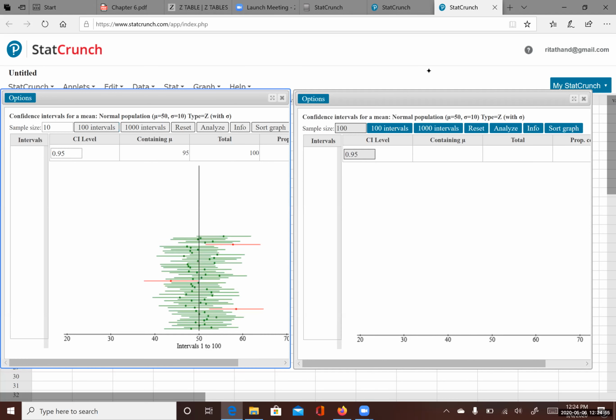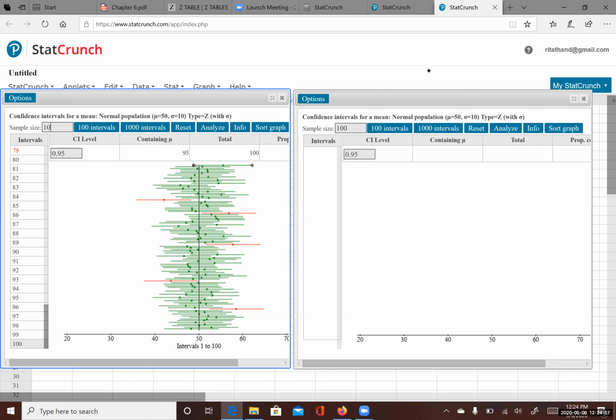See how many of the 100 intervals capture the real population mean.